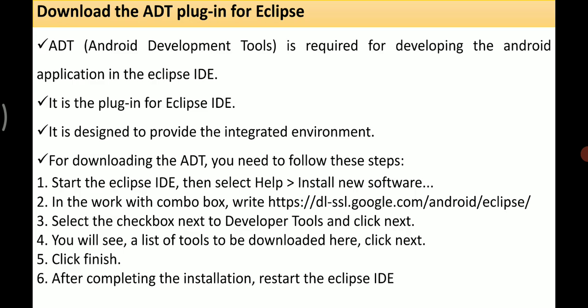Then we select the checkbox next to Developer Tools and click Next. Then you'll see a list of tools to be downloaded. We click Next, then click Finish. After completing the installation, we have to restart the Eclipse IDE.